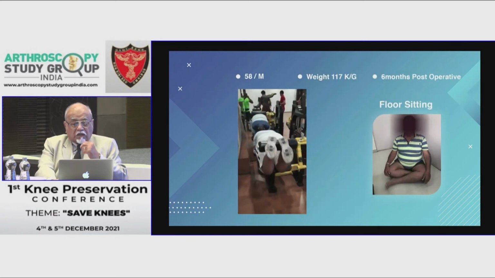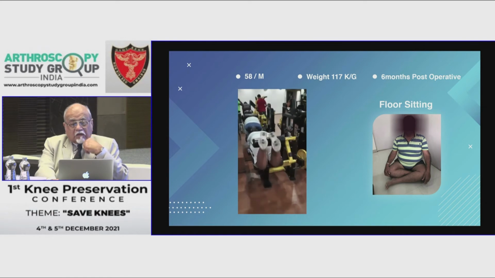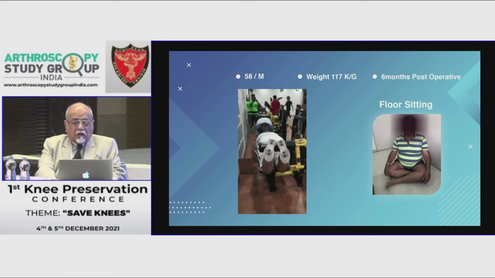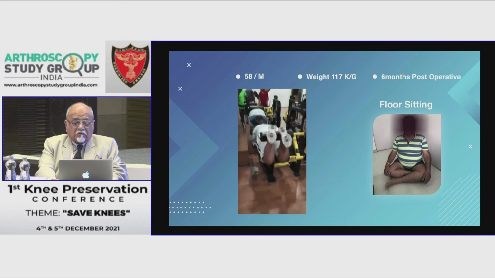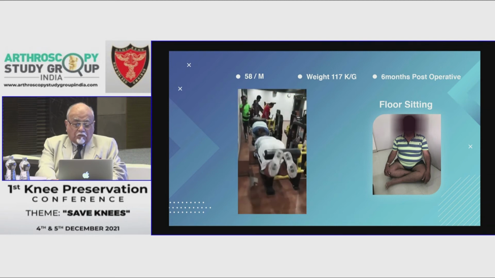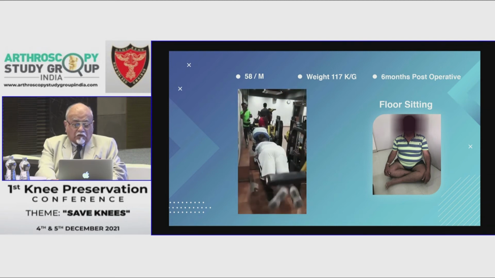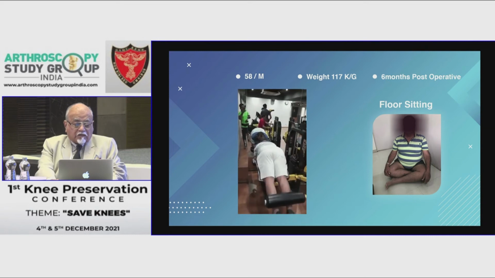You can see the patient, who weighs 117 kg, 6 months post-op; the patient is able to sit cross-legged and is doing exercise in the gym.